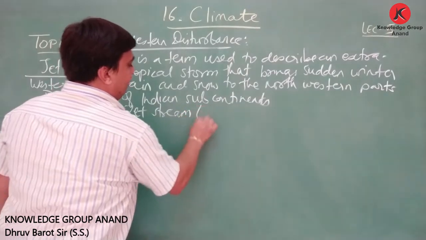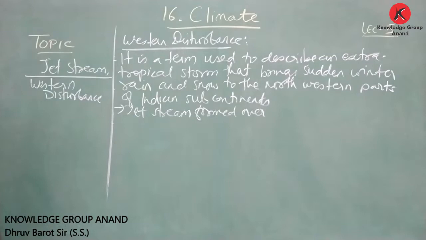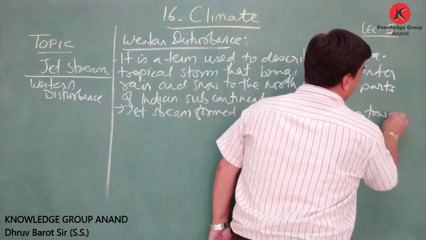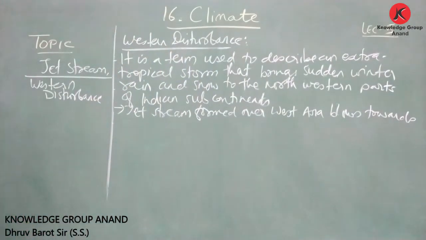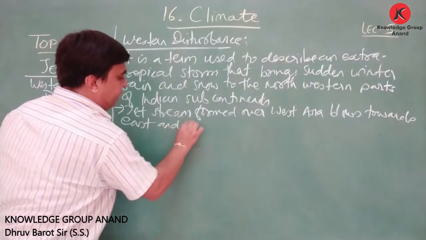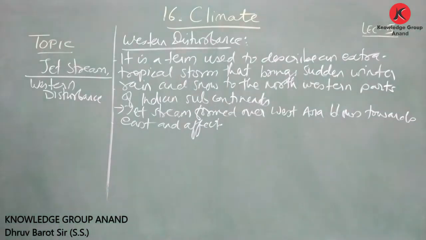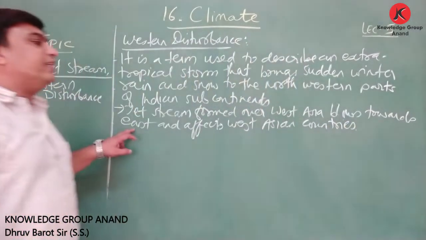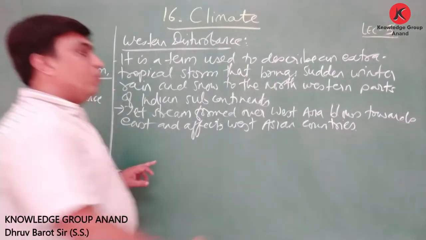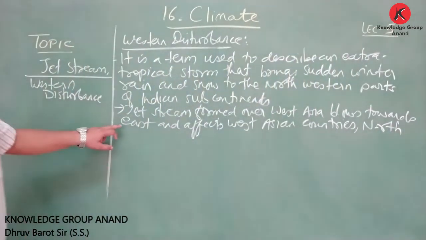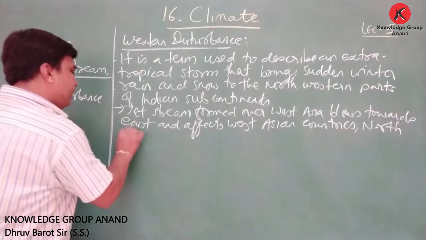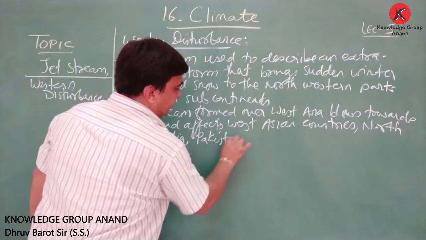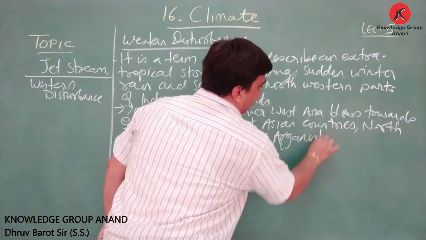The jet stream that is formed over West Asia blows towards the east and affects the West Asian countries, then Northeast India, Pakistan, and Afghanistan.